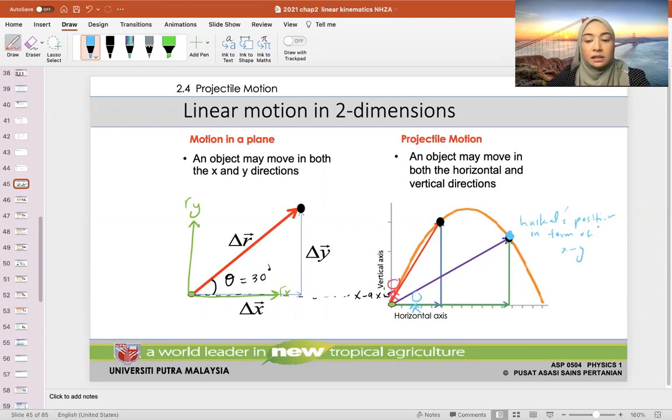And then I tell Shaki, how far do you have to walk in the x-axis and in the y-axis to reach the same position as Haikal? How far do you have to go in the x direction and in the y direction to reach Haikal's position, basically.